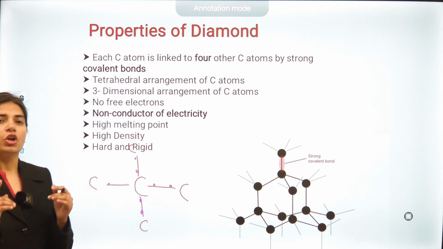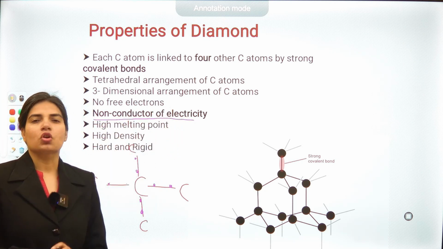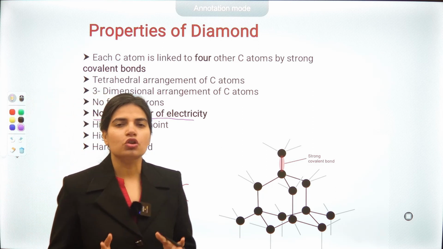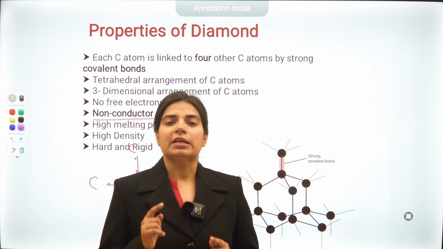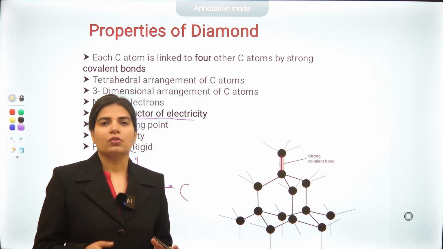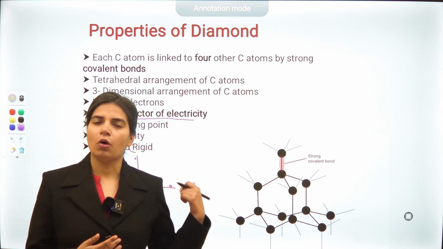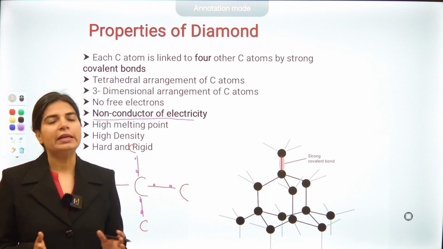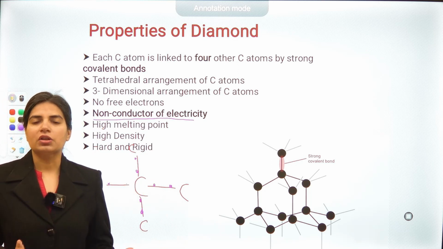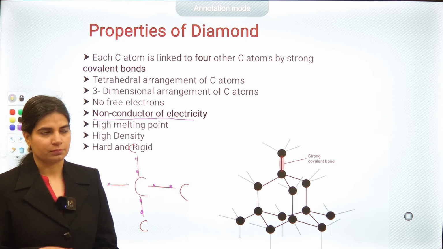Now, if there is no free electrons, then there will be no conduction of electricity, because we know that for the conduction of electricity there should be some electrons, and in case of diamond all the electrons are occupied. All the electrons are used in forming the bond. So there is no free electrons, and if there is no free electrons, then there is no conduction. So diamond is non-conductor of electricity.